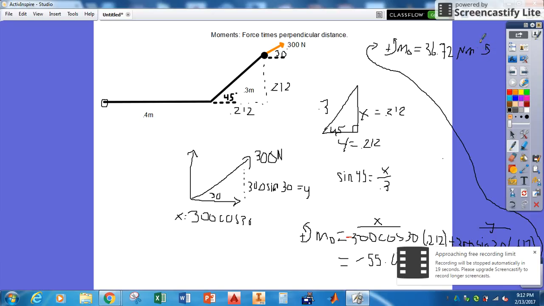Positive is denoted as counterclockwise. If this number ended up negative, you would write it in a clockwise direction. But since these two numbers added up to be positive, you write it in a counterclockwise direction and then box your answer.